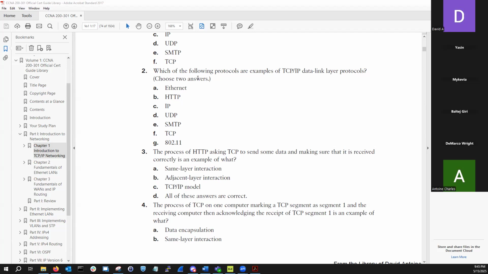I would say the same layer interaction is the right answer. The process of HTTP asking TCP to send some data and making sure it is received correctly is an example of... no, that is the incorrect answer that I gave.